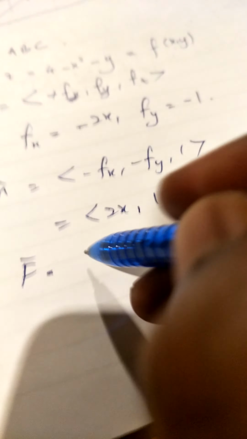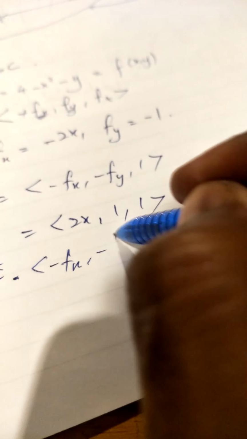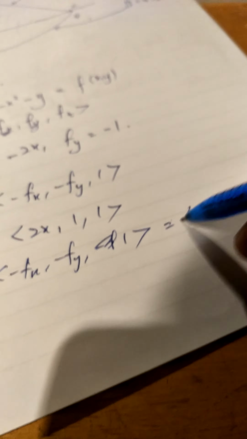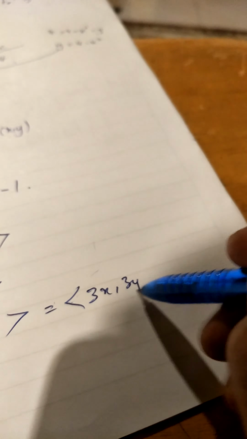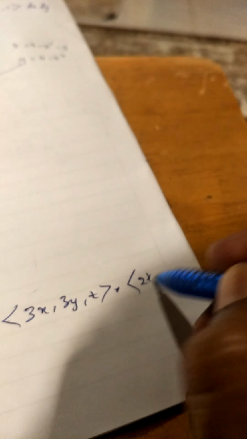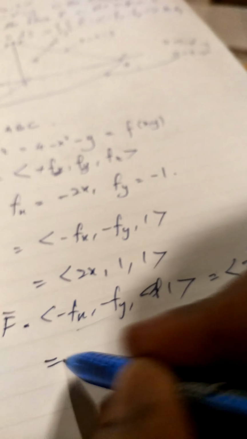Our F is 3x, 3y, and z, dotted with 2x, 1, 1. If you perform this dot product, it gives you a scalar: 6x squared plus 3y plus z.